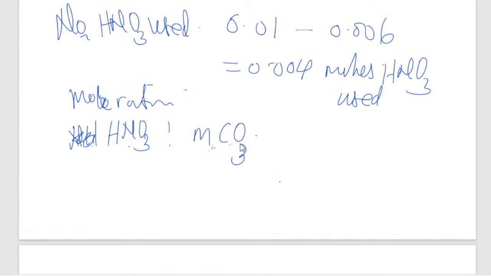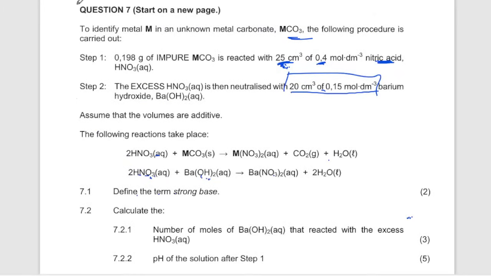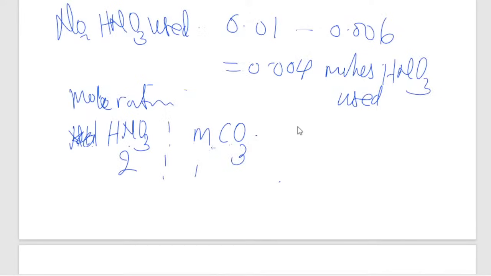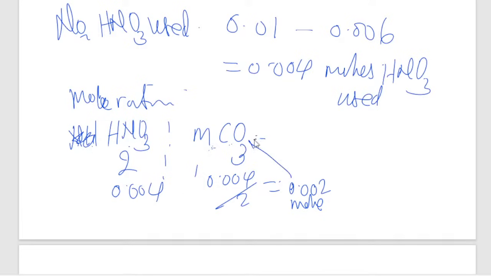So we got it. I said this is 2 and then this is 1. Am I right? Let's go back. Yes, it's 2, it's 1. Good. Now these are number of moles, so this is 0.004. Yes, so automatically this is gonna be 0.004 divided by 2, which gives me 0.002.